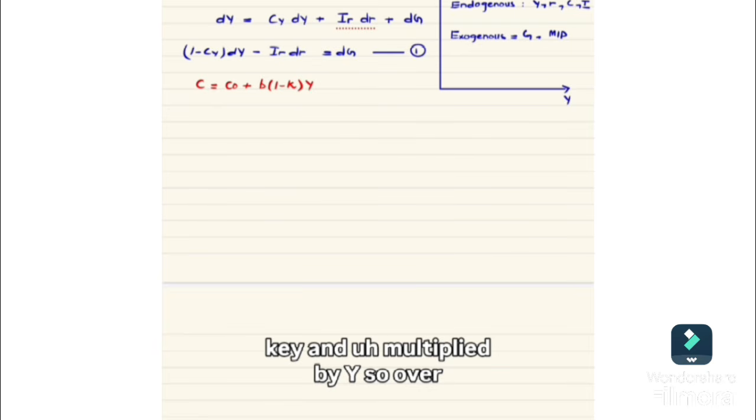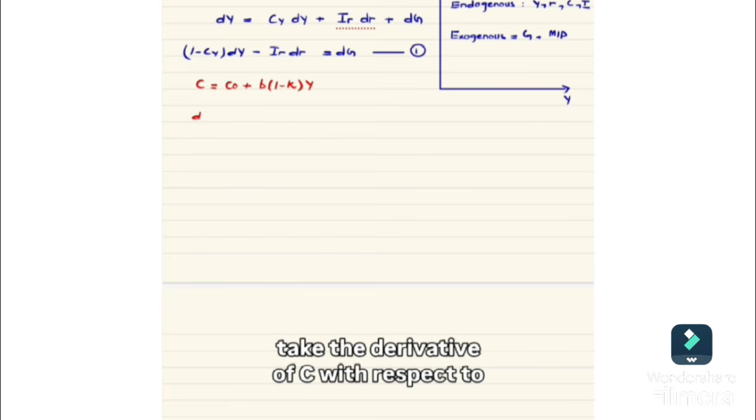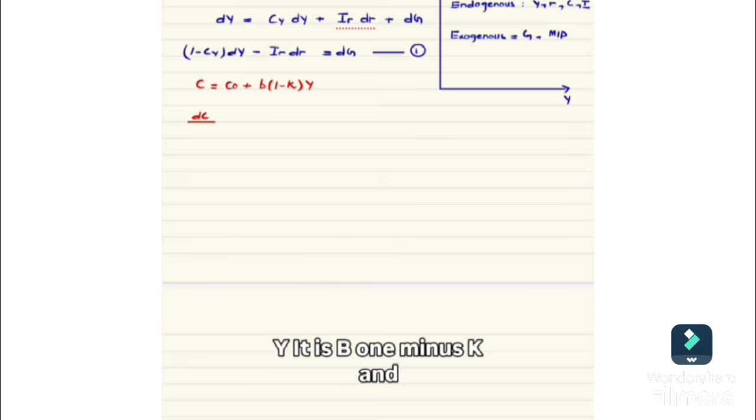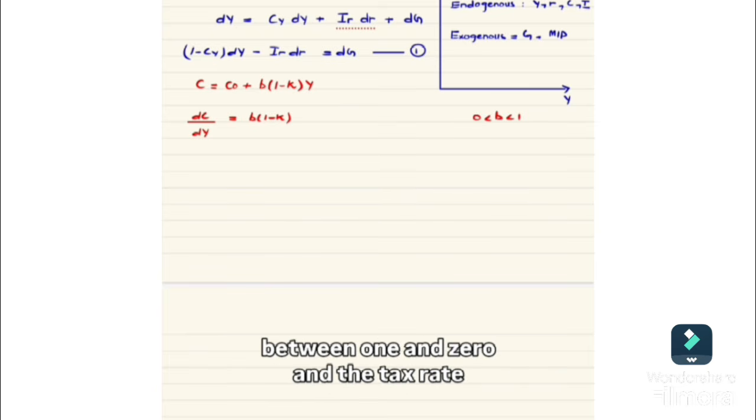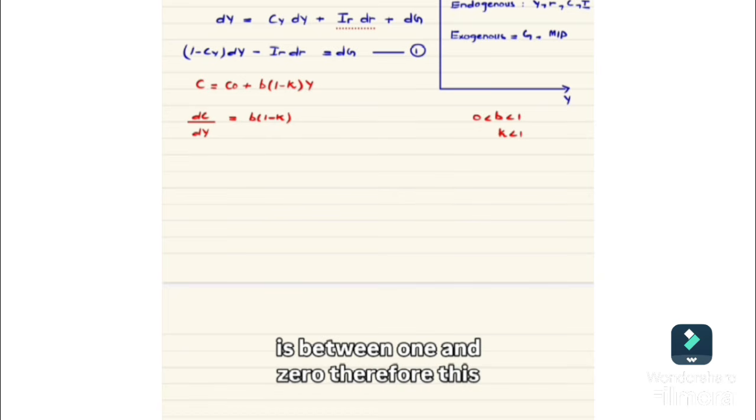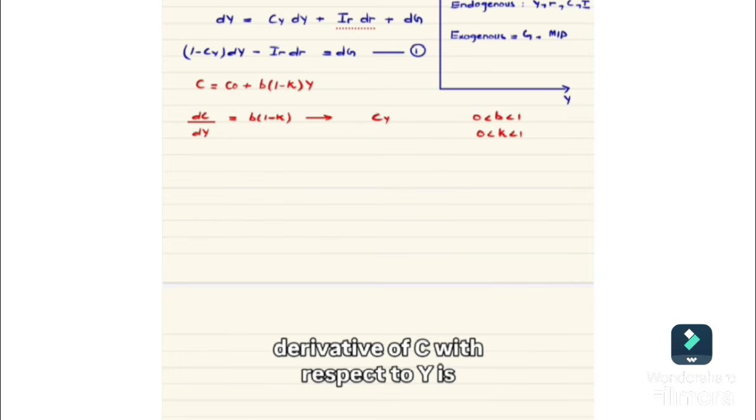So if I want to take the derivative of c with respect to y, it is b1 minus k. And since marginal propensity to consume is between 1 and 0 and the tax rate is between 1 and 0, this expression is also going to be between 1 and 0. Therefore, the derivative of c with respect to y is going to be between 1 and 0.